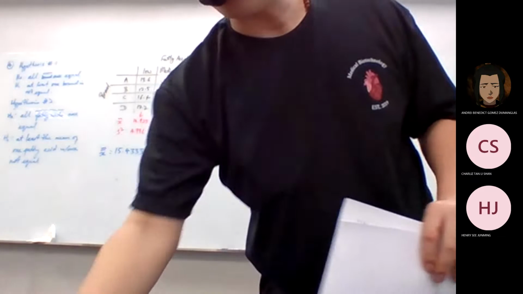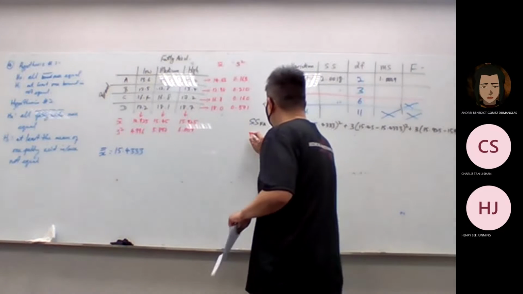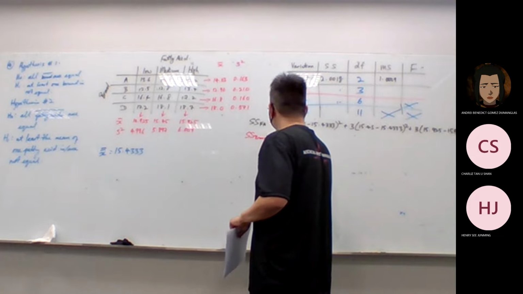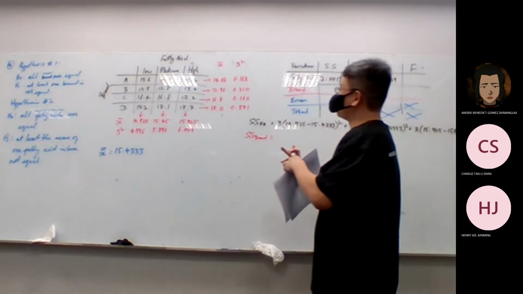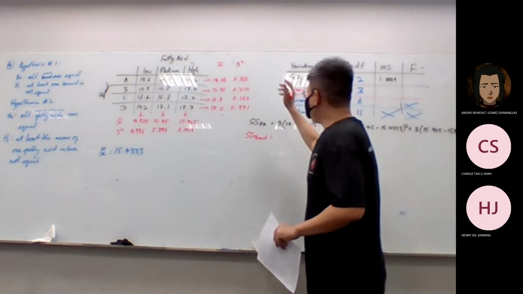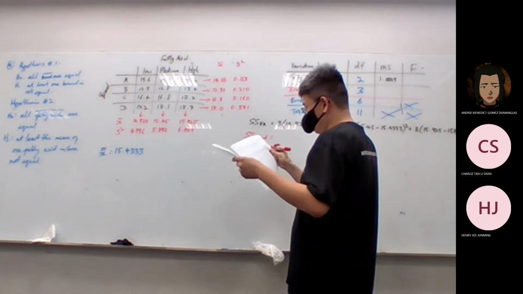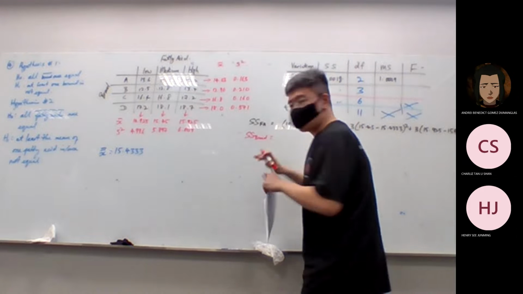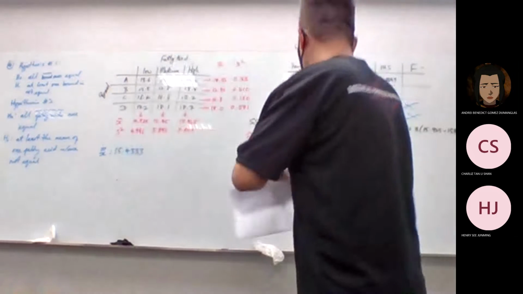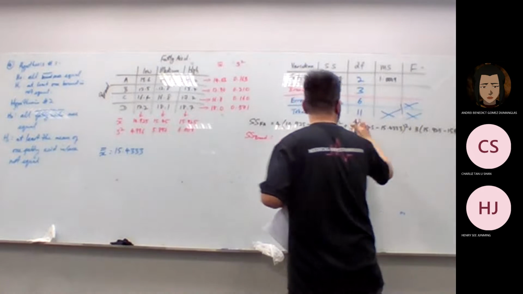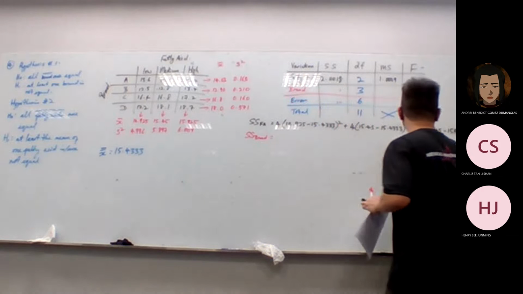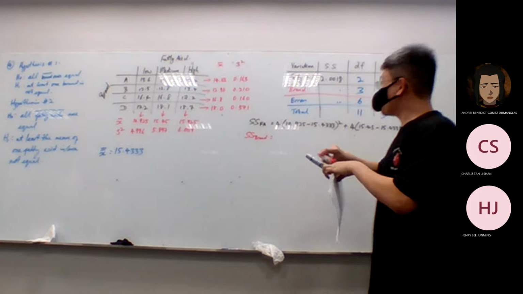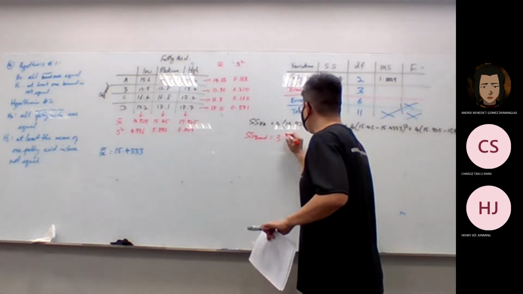Next, you do for the brand. So sum of square for brand. Okay. Sum of square for brand is 4. Sorry, this is 4, 4, 4, 4. The sum of squares for brand, because there's only 3 of them, so it's 3.